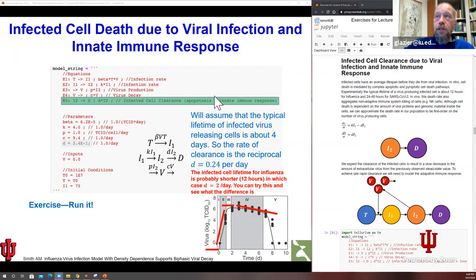And if we look at the model, this model looks like the model we had previously. T goes to I1, rate beta T times V. I1 goes to I2, rate K times I1. Virus is produced at a rate P times I2. Virus is cleared at a rate C times V. And now there's a new term: the I2 cells die at a rate D times I2.